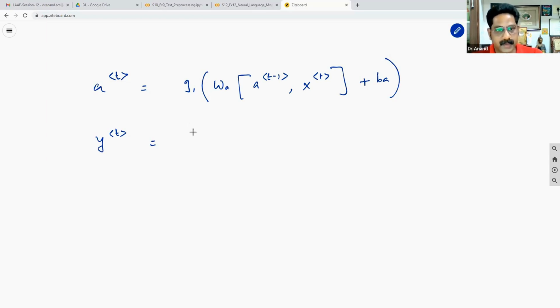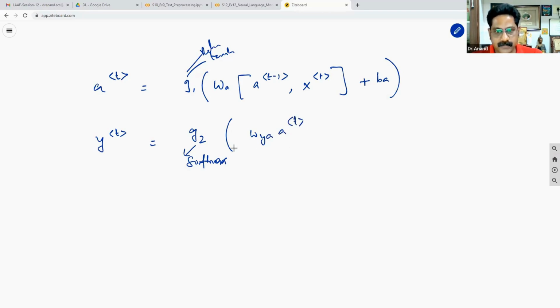And your y(t) is based on the second activation function. This will be a softmax only. This activation is tanh, or you can also use ReLU. This is W_YA.